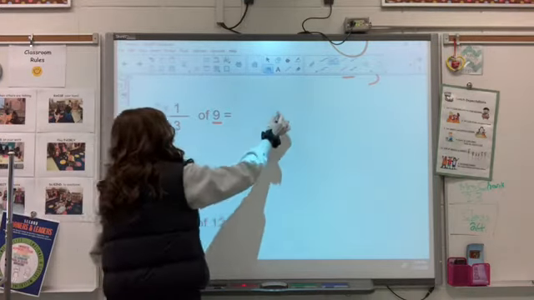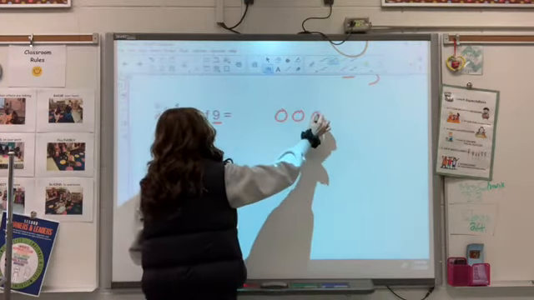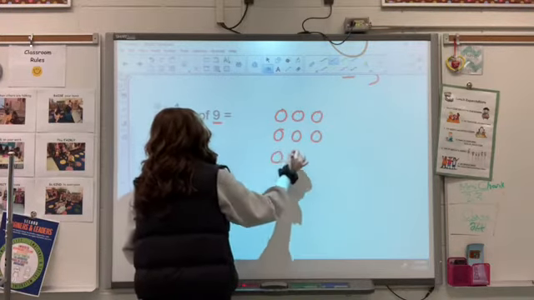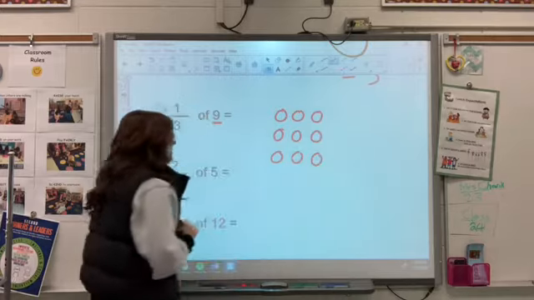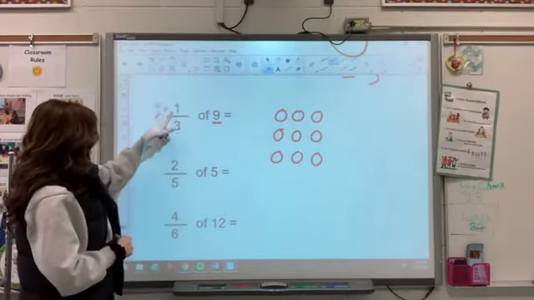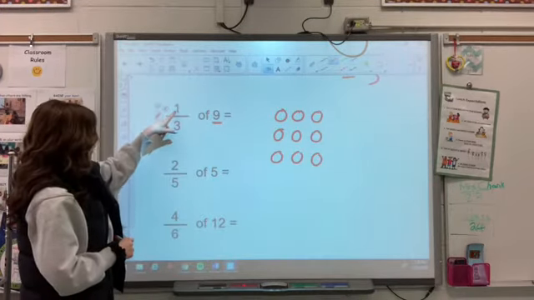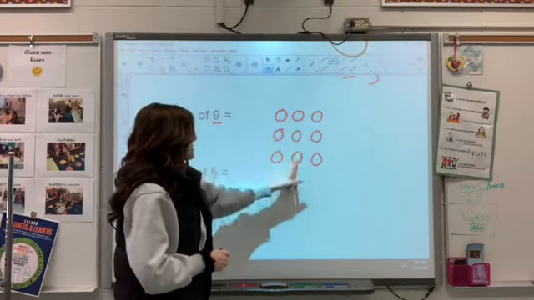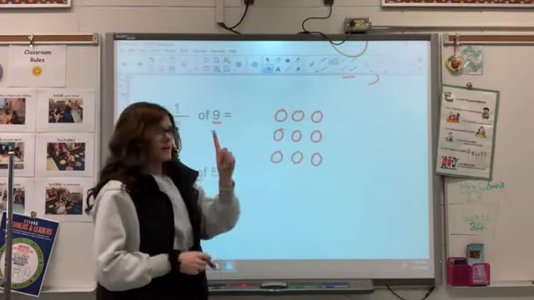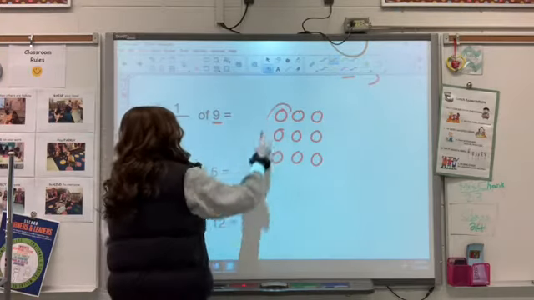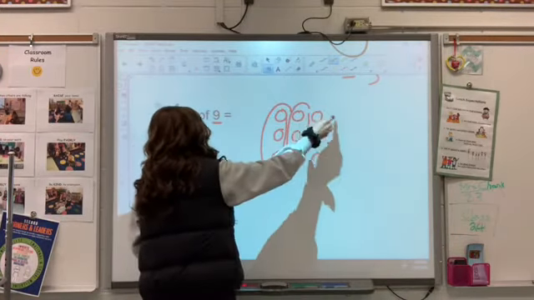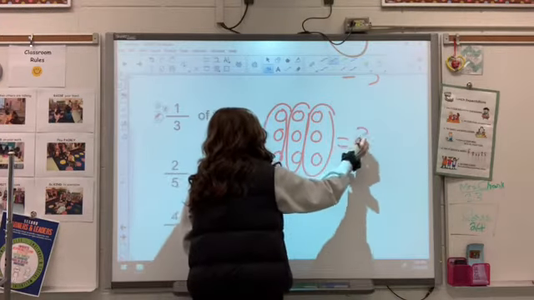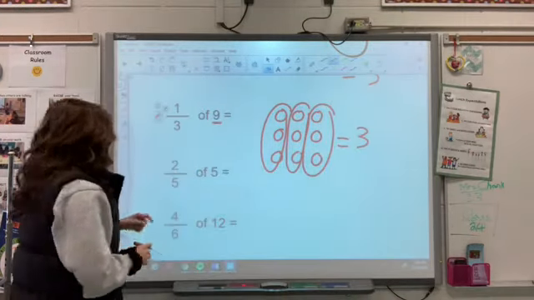So I'm going to go 1, 2, 3, 4, 5, 6, 7, 8, 9. Then I want to know how many circles are in 1/3 of the 9. If I have 3 columns, how many circles are in one of those columns? 1, 2, 3. There are 1, 2, 3 circles in one of those columns.